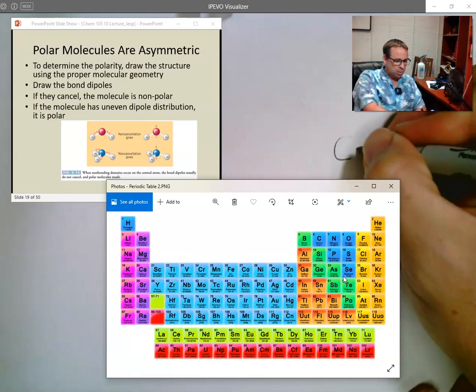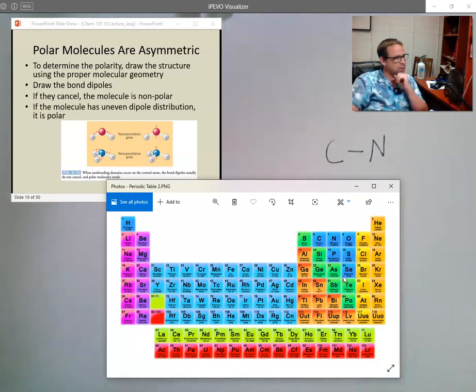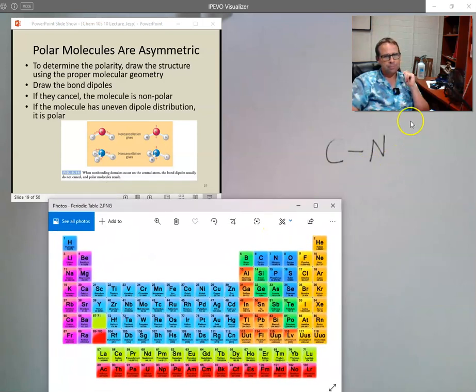Carbon-nitrogen bond. Is the carbon-nitrogen bond polar, Taewon? I think it is.